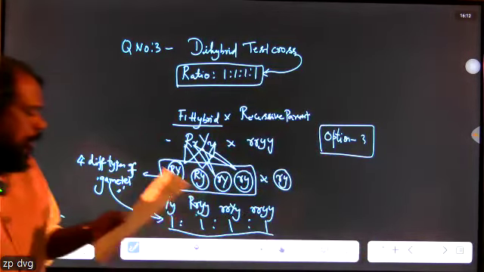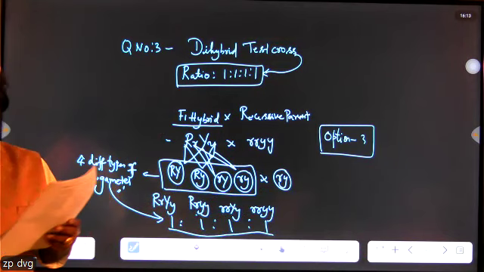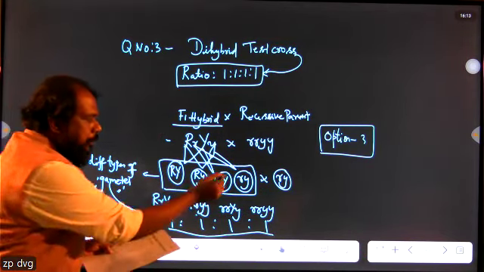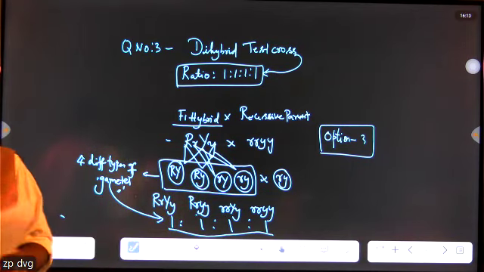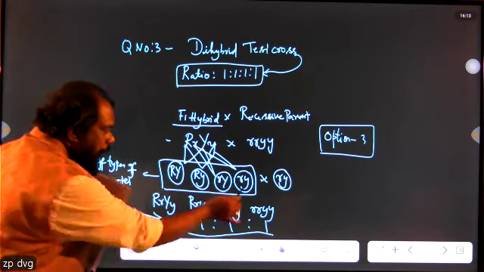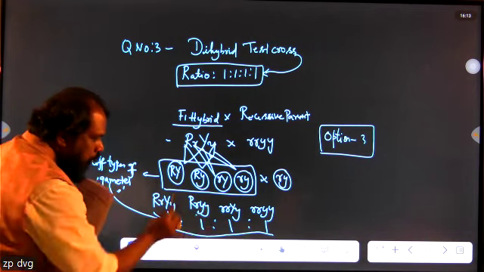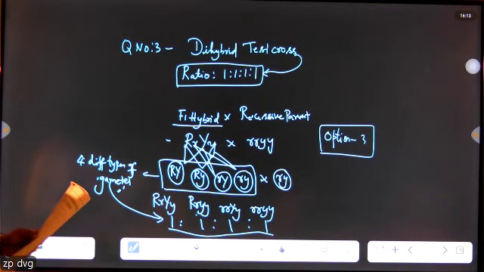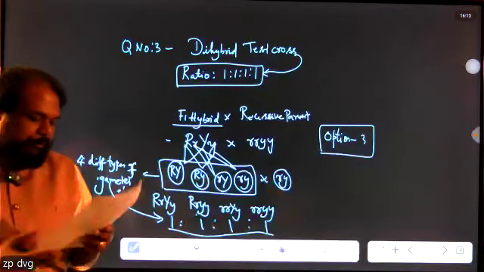What is option 3? 4 different types of gametes produced by the dihybrid. Because of these 4 different gametes, you are getting the ratio 1:1:1:1. So for question number 3, the correct option is option 3.